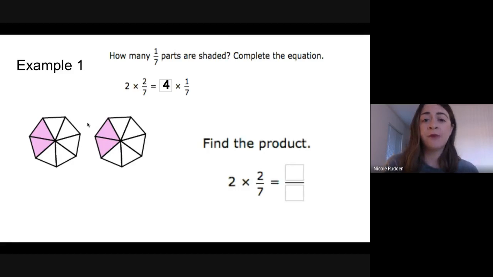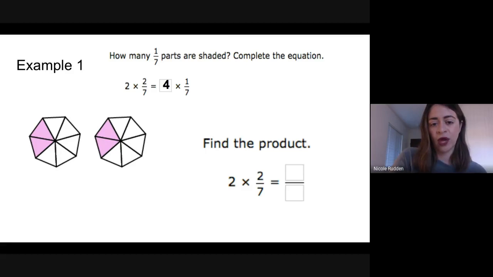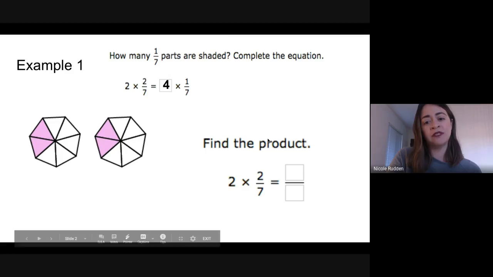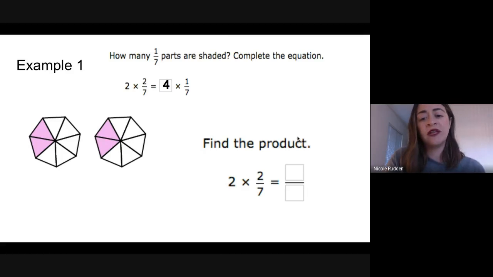There's going to be a second part to your questions today, and it's going to ask you to find the product, to basically solve a whole number times a fraction. Through this exercise that you just did, you'll be able to fill this in. So finding the product, 2 times 2/7 is actually 4/7.